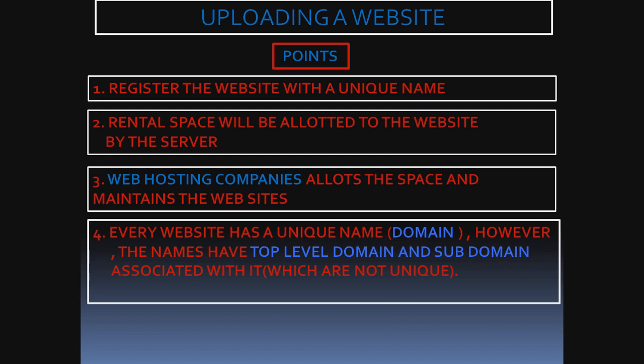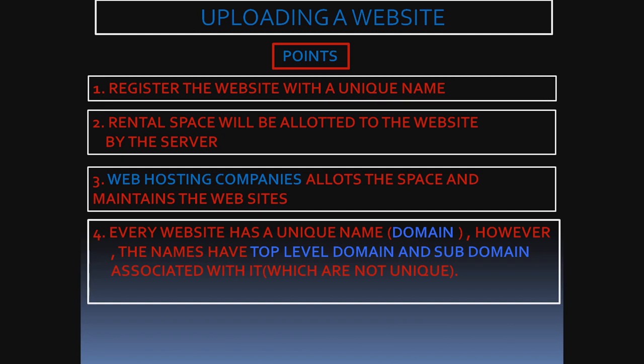So every website has a unique name, that is the domain, which you can decide yourselves, here CBSE. However, other names like nic and in are known as subdomain. The nic is the subdomain and in is the top level domain.